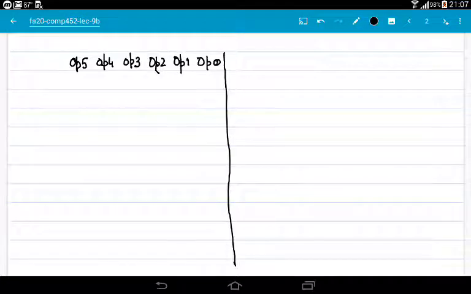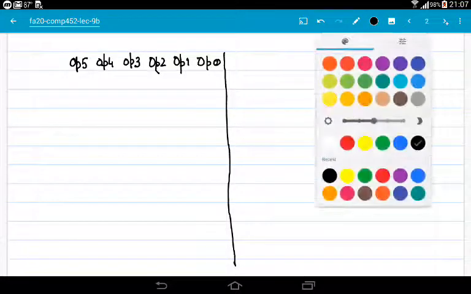What are the outputs? Let's use blue color for the outputs.